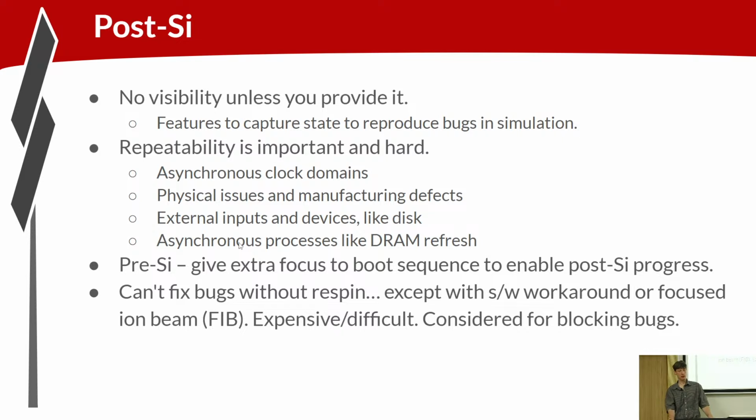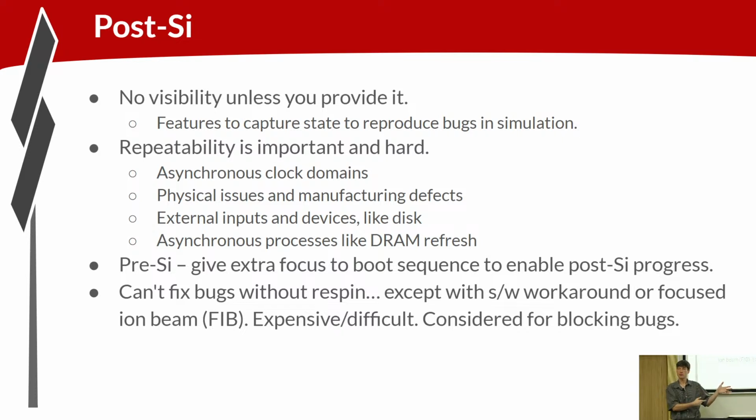So in this context, asynchronous doesn't necessarily mean there's no clock, but it means that it's somehow free running or difficult to control. So I'll use a DRAM, for example. DRAM, being an external memory, has this requirement that you periodically send a refresh, and the refresh is needed to make sure you're not losing data. So the refresh is kind of boosting the stability of the data in the memory.